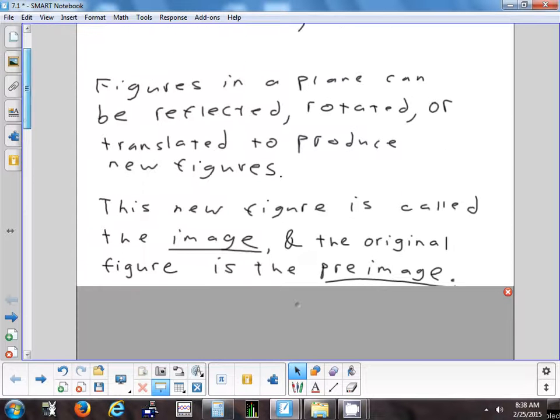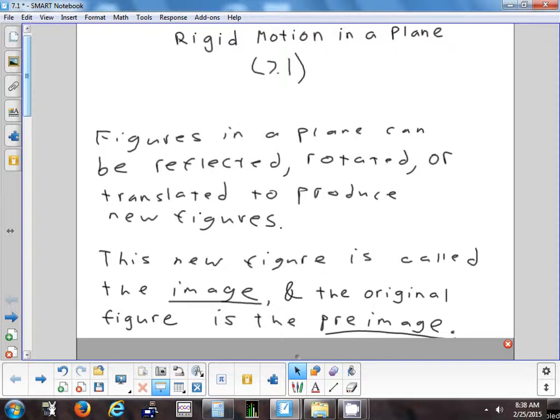Well, think about that, enlargement. Would an enlargement fall under reflecting, rotating, or translating something? Would an enlargement be rigid, meaning it stays exactly the same size after the transformation? Well, Connor, what do you think? I think it's translated. So his question was, is an enlargement something we're going to study in this section?